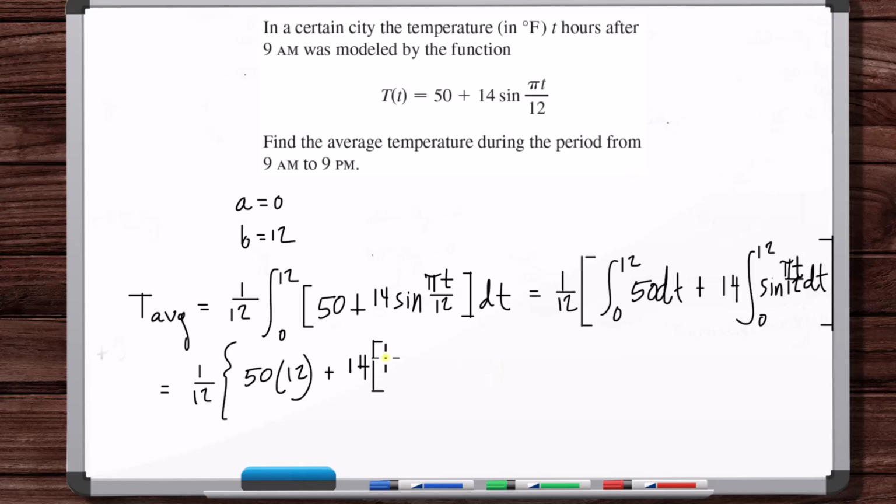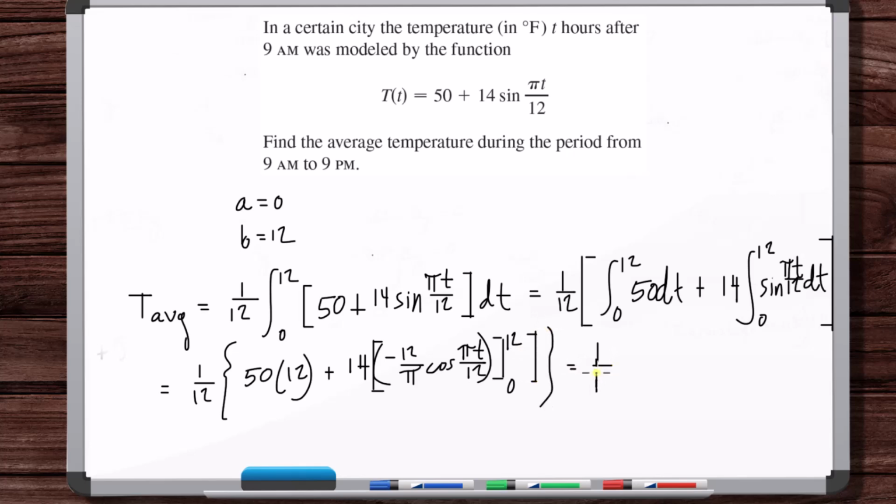So we're going to need a minus 12 over pi and then cosine of pi t over 12. Because if you take this derivative, you're left with just positive sine of pi t over 12, evaluated from 0 to 12.